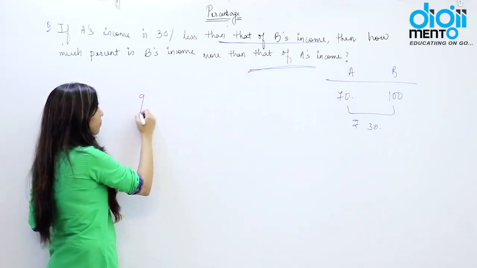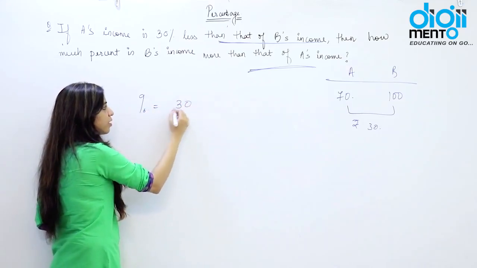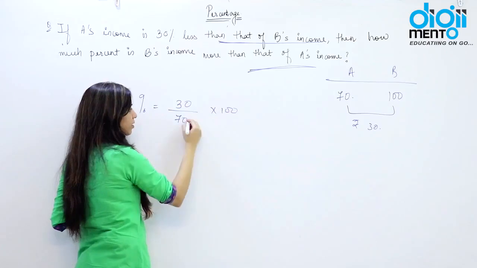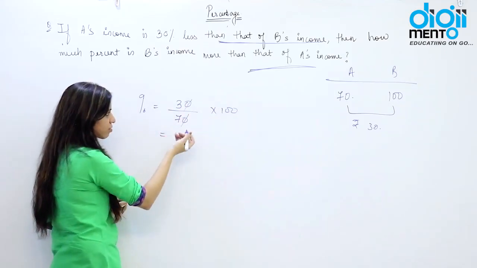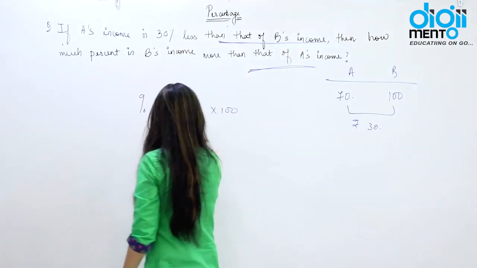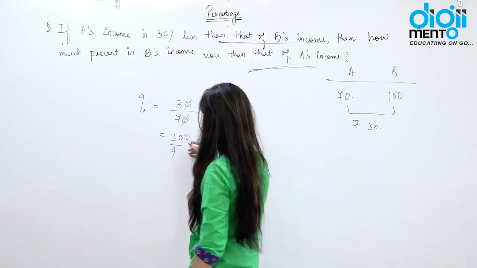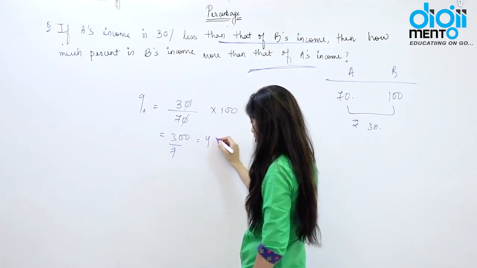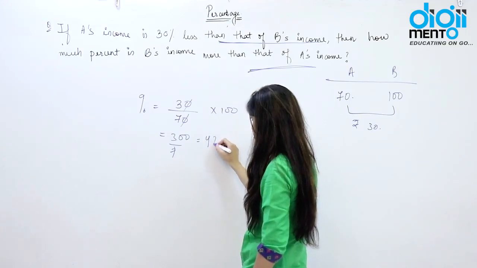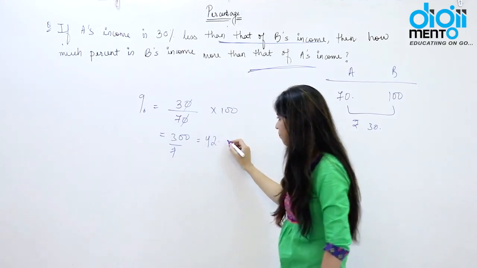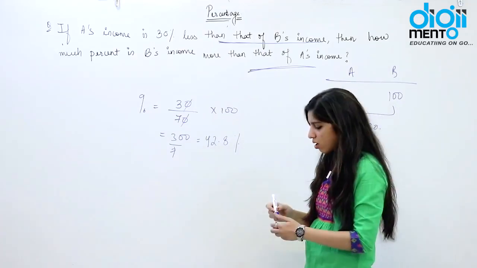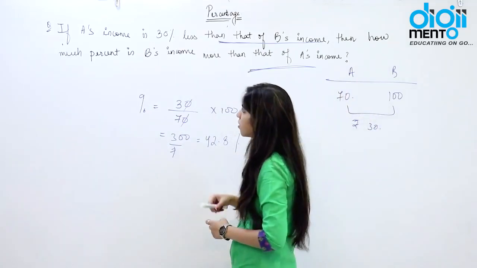So if you need to find percentage, what do you do? You divide this 30 by 70 and multiply by 100. Fine, you just multiply this, whatever you are getting, 300 by 7. So this is going to be something, I guess 42 point something, 42.8% or whatever, fine.